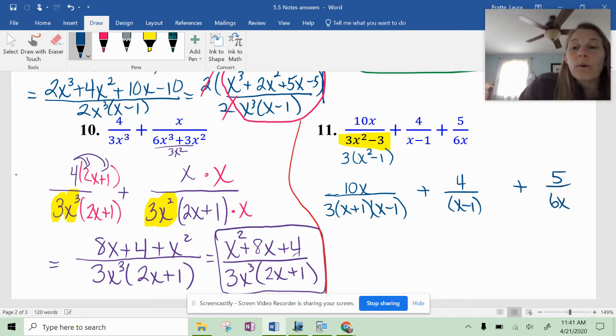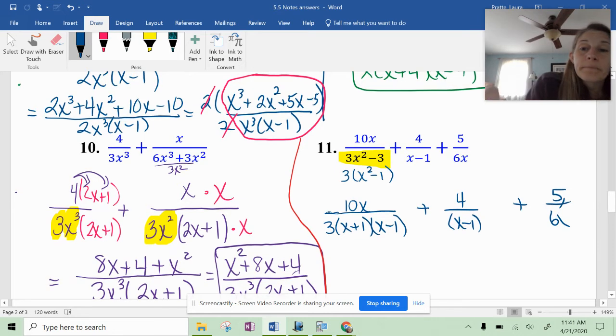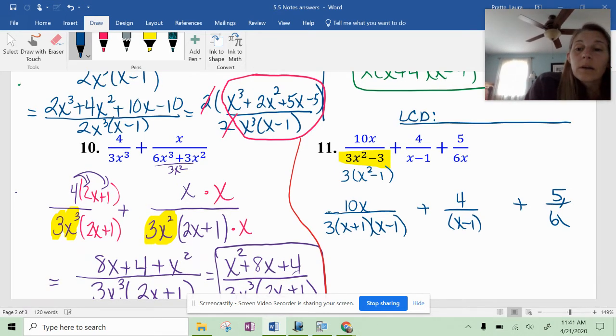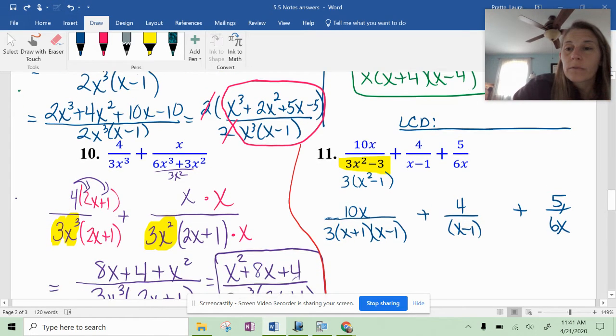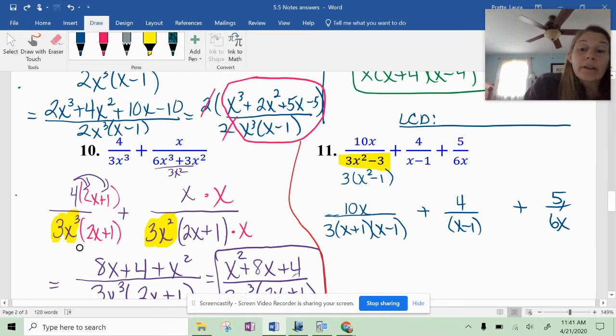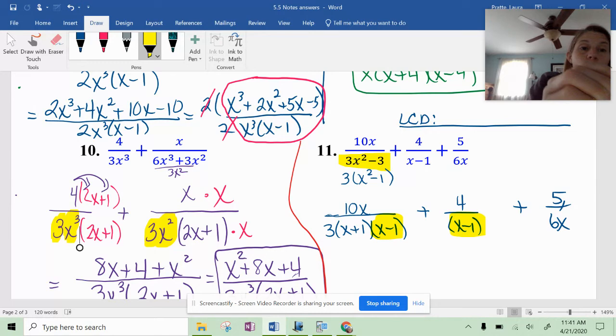So let's figure out what that LCD is going to be. We can see that we have a few different things here. What do they have in common, first of all? So I do see that this one and this one both have an x minus 1.